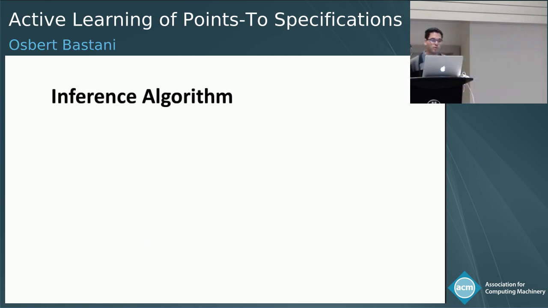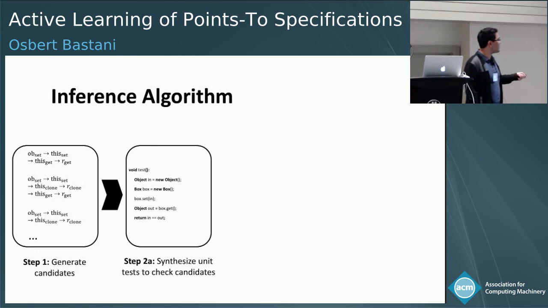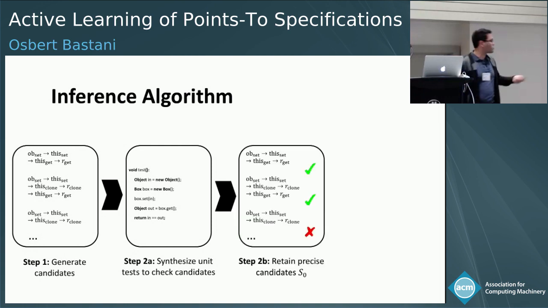Just to go into a little bit more detail, our algorithm is first going to generate a bunch of random candidate path specifications. Then it's going to synthesize unit tests to check for each candidate whether that candidate is precise, whether that candidate is contained in the set S star. And it's only going to retain the candidates for which the unit tests pass.